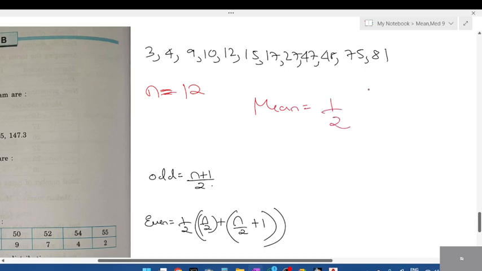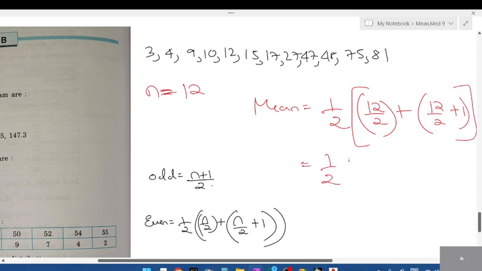Half into n by 2. How much is n? 12 by 2 plus, again 12 by 2 plus 1, right? Look at the calculation here. What is 12 by 2? 6. Plus, here what do we get? 6 plus 1. How much is 6 plus 1? 7.